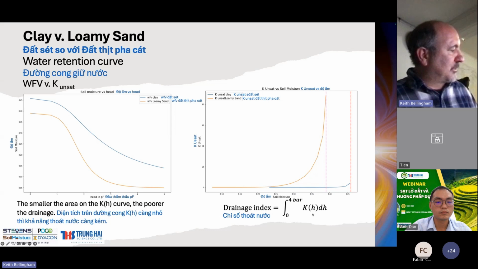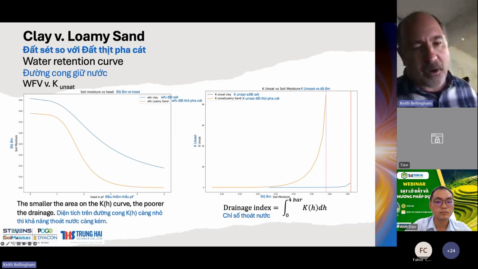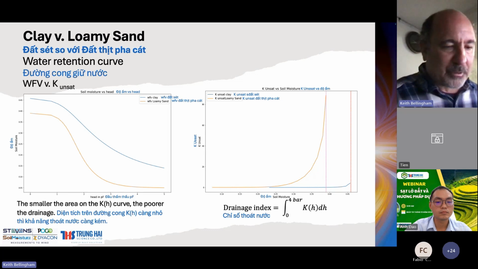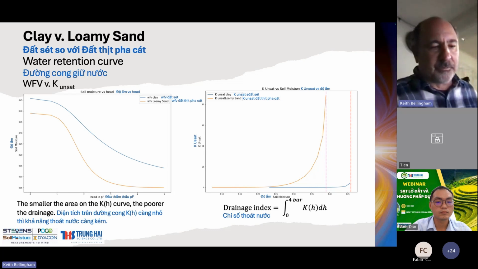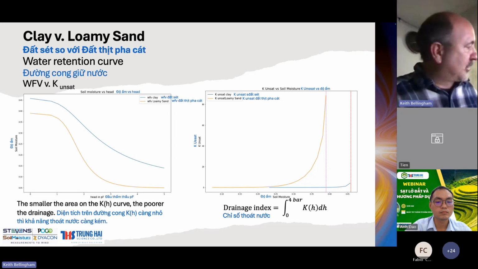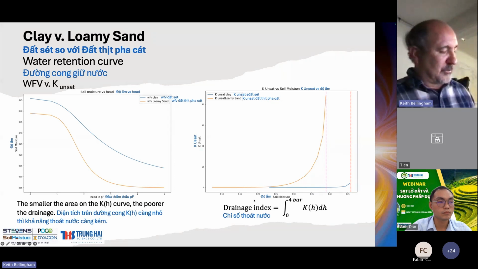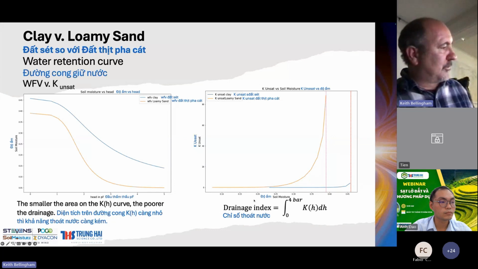And this particular mathematical model can be used to compare two different soils, to compare the drainage capabilities. And again, this comes from the soil water retention curve and the saturated hydraulic conductivity. And this can be calculated fairly easily once you have the soil water retention curve.